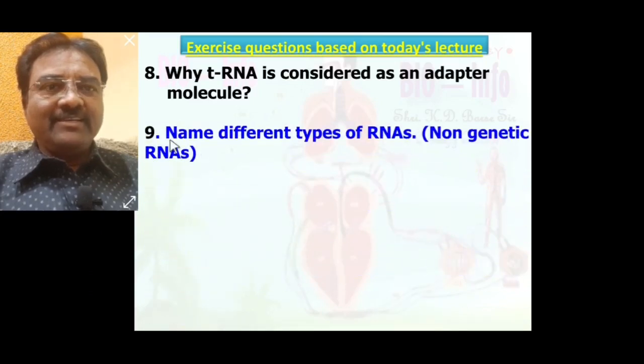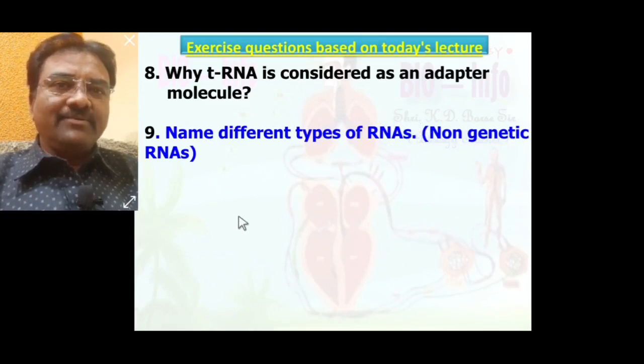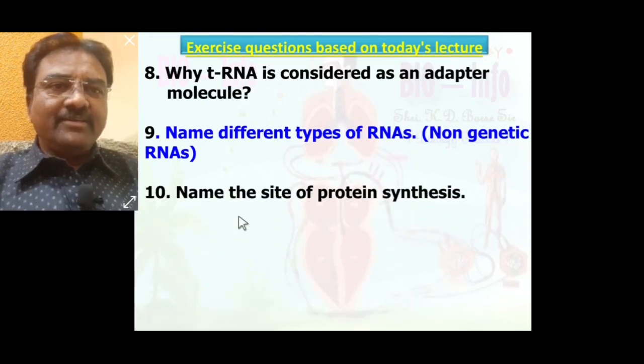Name the different types of non-genetic RNAs: mRNA means messenger RNA, rRNA means ribosomal RNA, and tRNA means transfer RNA. Name the site of protein synthesis: the ribosome.